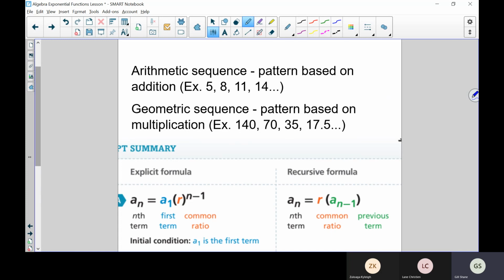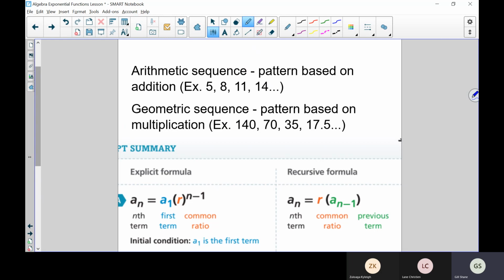So what are we multiplying by to get from 140 to 70? 140 times 2 is not 70. Can't say dividing. No, can't say subtracting.